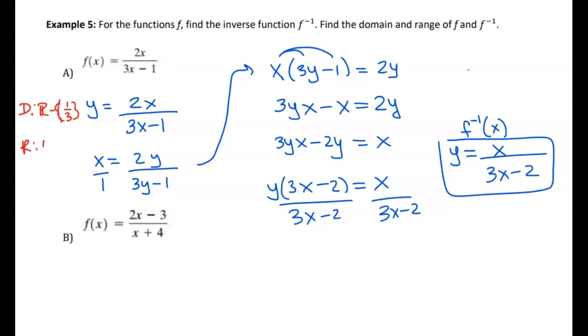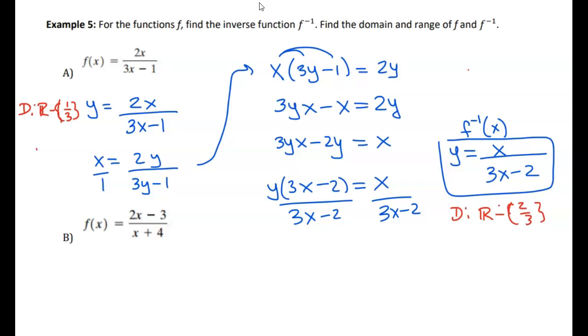And the range is going to be all reals except for y equals 2/3, because we have a horizontal asymptote in that case. Actually, a better way to find the range is to find the domain of each. So for the domain of this, we're excluding 1/3. We find the domain of the inverse, you can see that is the reals excluding 2/3.